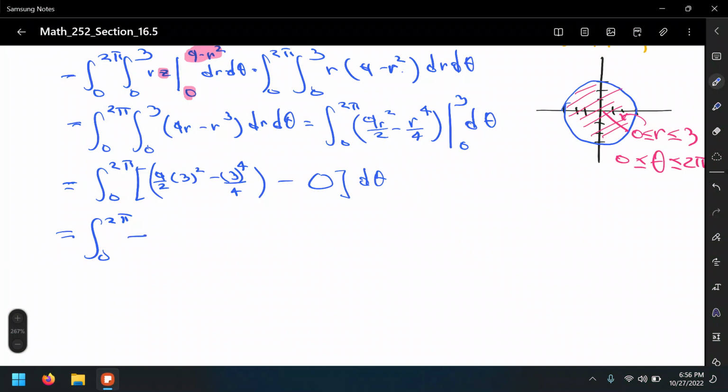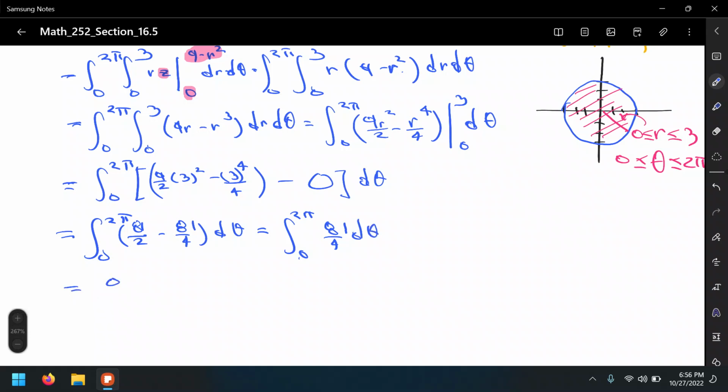And minus 3 to the 4th power over 4. So that's 81 over 2 minus 81 over 4, d theta. And this equals 81 over 4, d theta.